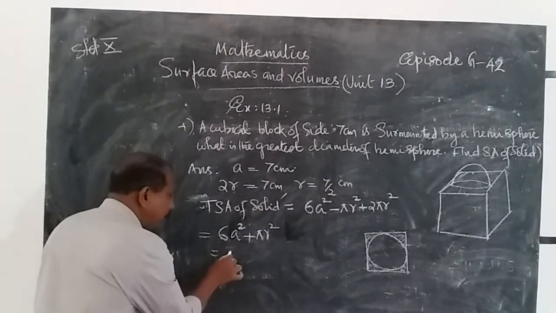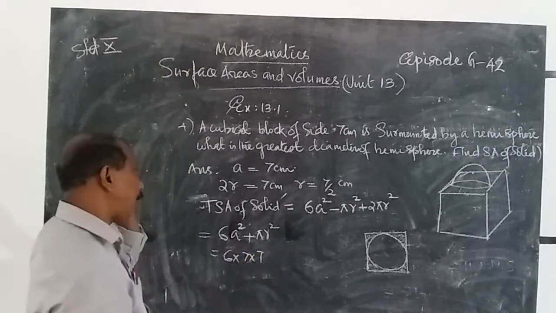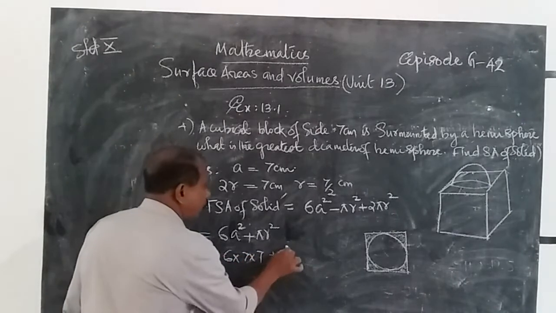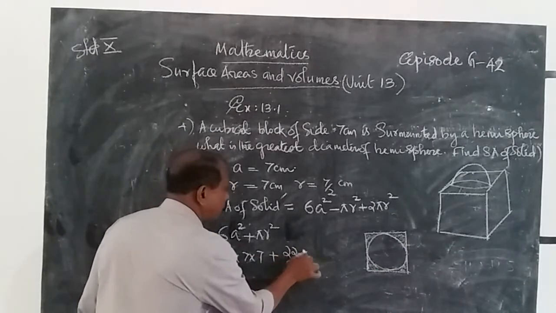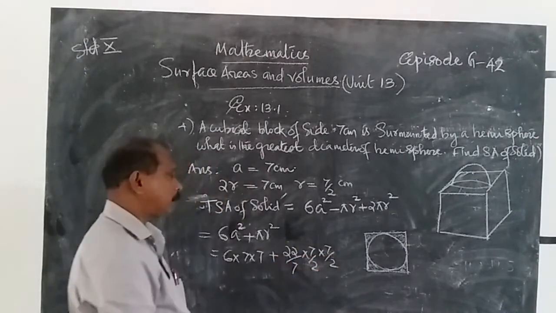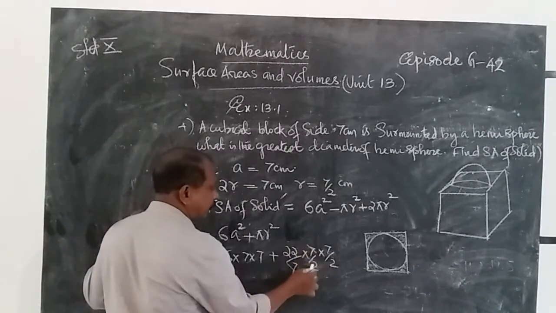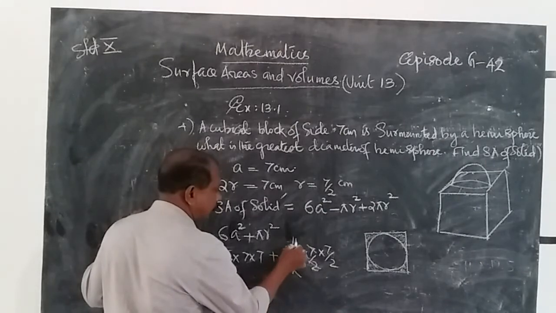is equal to 6 into 7 into 7, that is a square, plus 22 by 7 into 7 by 2 into 7 by 2, that is r square. That is 7 and 7 cancels, 2 and 2 cancels, it is 11.